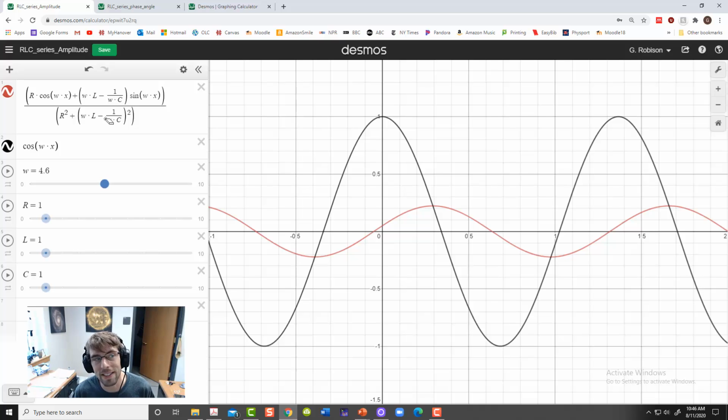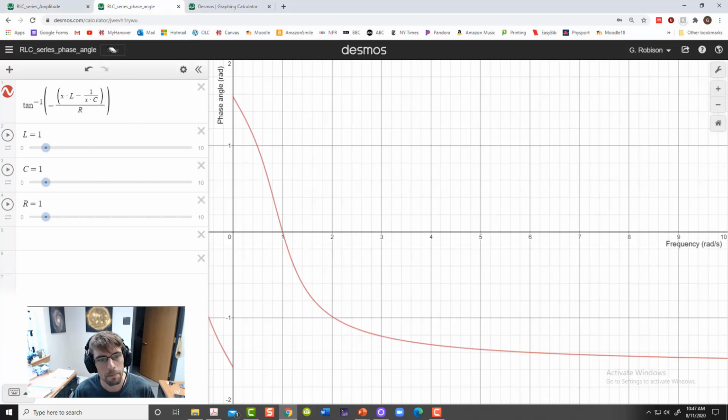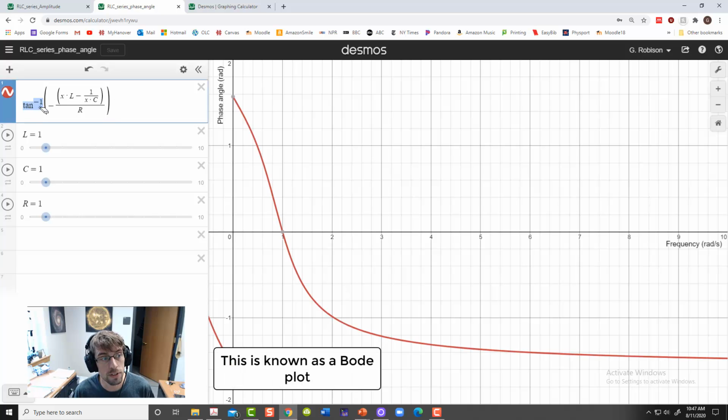Now, another graph to see this would be this one. So let me walk you through again. What I've plotted here is the inverse tangent. Unfortunately, because of how Desmos works, I had to use x to represent omega.